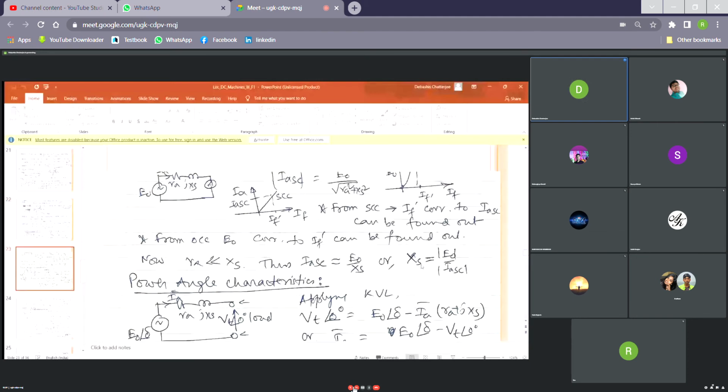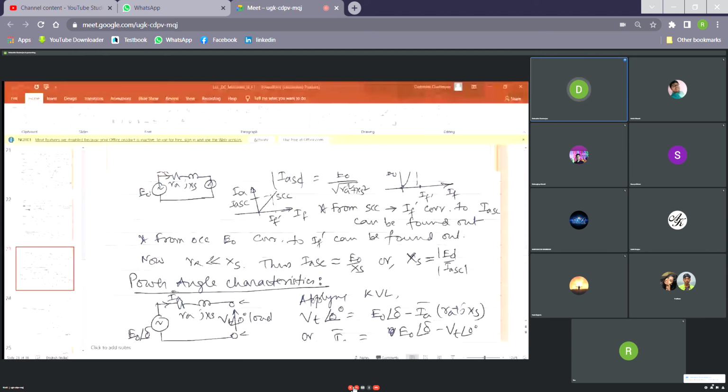So now, the power angle characteristics. The other term we will discuss now is the power angle characteristics. Now, what is power angle? If you look at the diagram I was drawing earlier, there is an angle between E0 and VT.